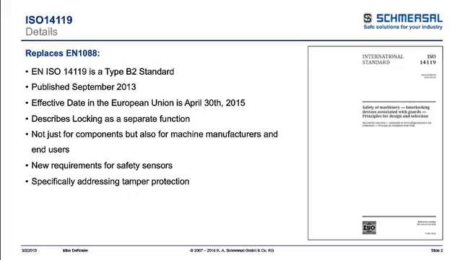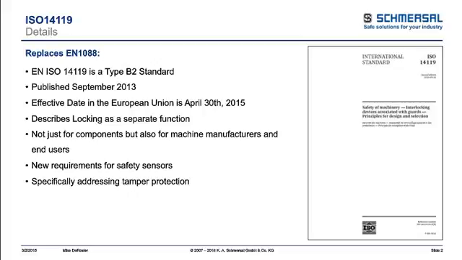And a huge section that we're really going to talk about today that is just as important as any of the other sections, but going to spend a little bit of time toward the end here, is what they're talking about with tamper protection, which has always been a discussion over the last several years on how much do you make it difficult to defeat? What are the methodologies? And the standard actually addresses that, which is important.